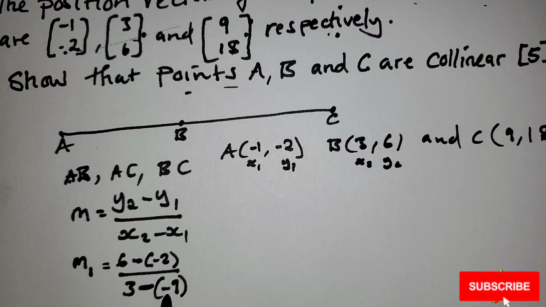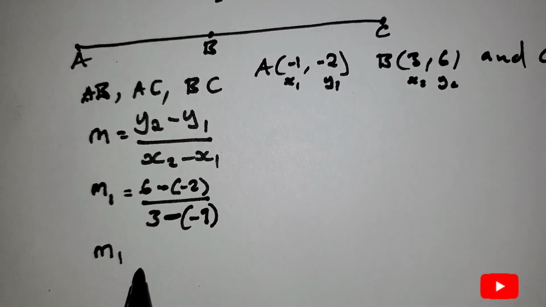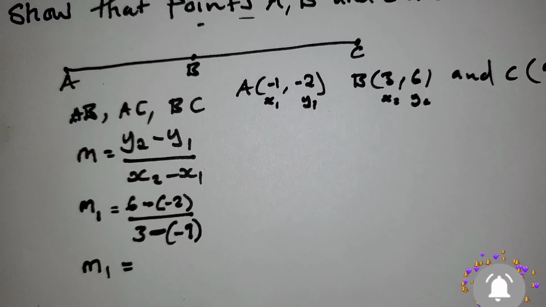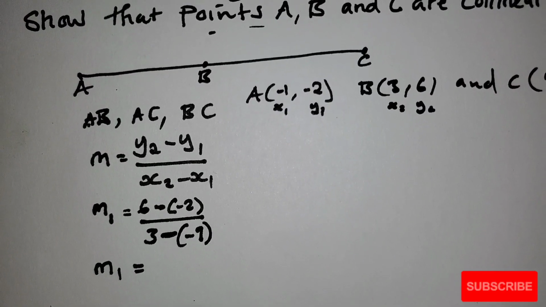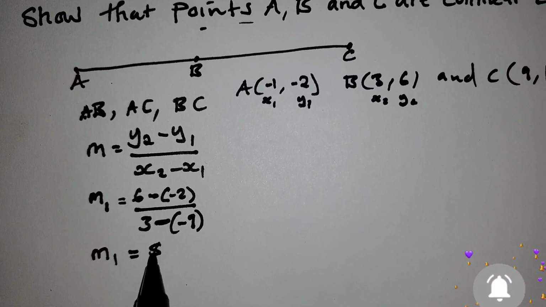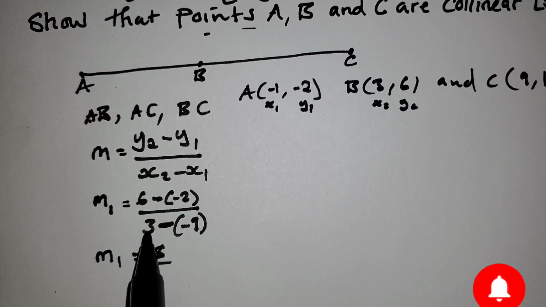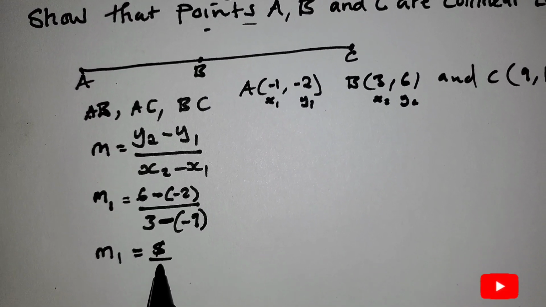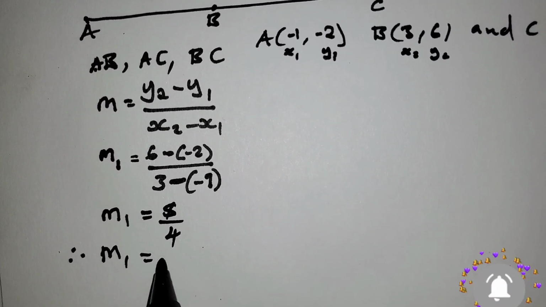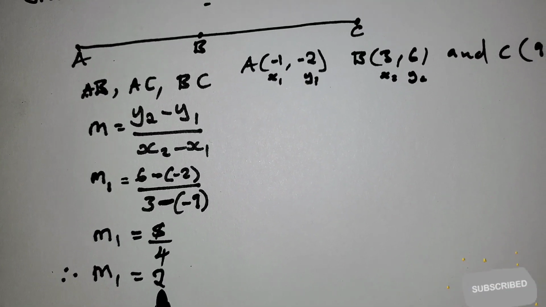So put it the way it is. So gradient 1 is equal to: negative times negative is positive, 6 plus 2 is 8, and negative times negative is positive, 3 plus 1 is 4. Therefore m1 is equal to 2. 4 into 8 is 2. So the gradient here is 2.